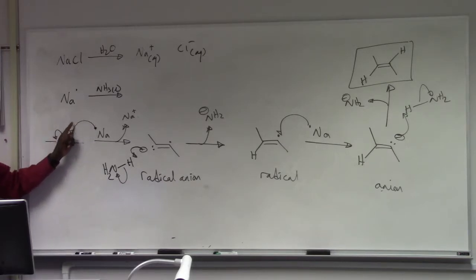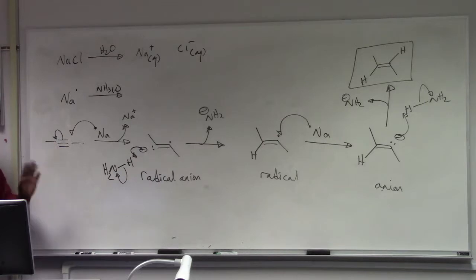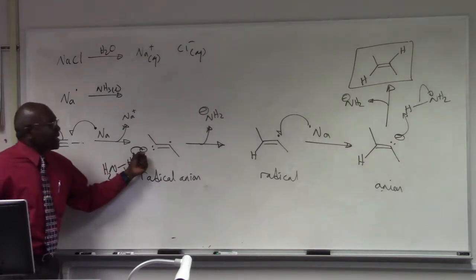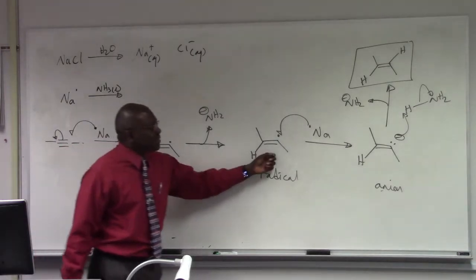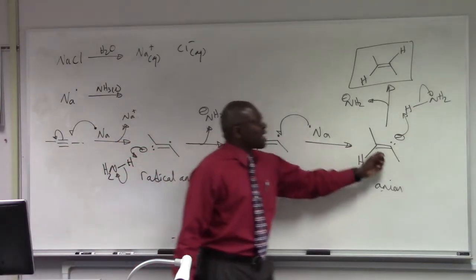So 1 electron comes in here, and these 2 electrons in the pi bond get deposited onto that vinylic carbon. So this is the first time we've seen a 1 electron and a 2 electron shift in the same mechanism, the same step. That gives the anion, which gets protonated to make the radical, which gets another electron to make the anion, which gets protonated.